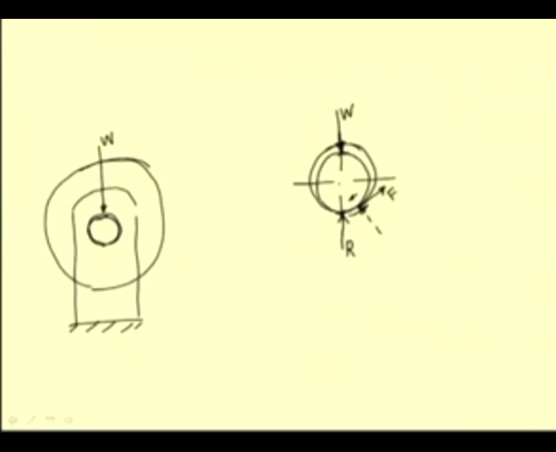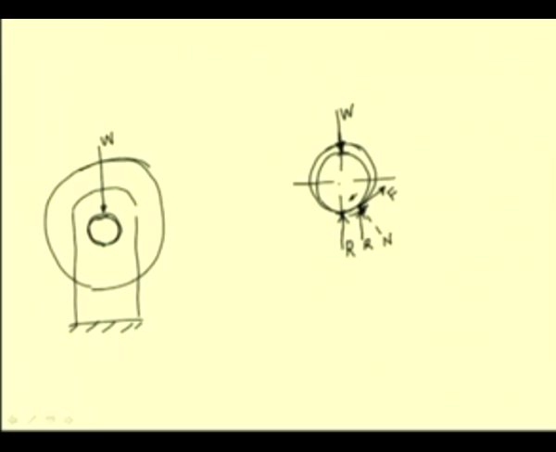So, this will be the frictional force, and this will be the normal reaction, and the resultant of these two will be R, and this value reaches the maximum limiting value, where this frictional force F is related to this N by the coefficient of static friction.